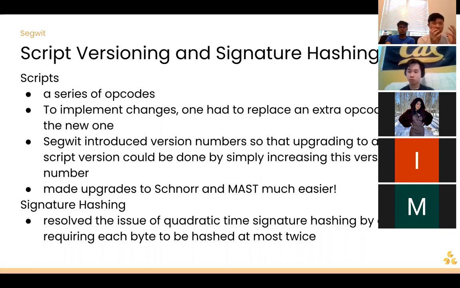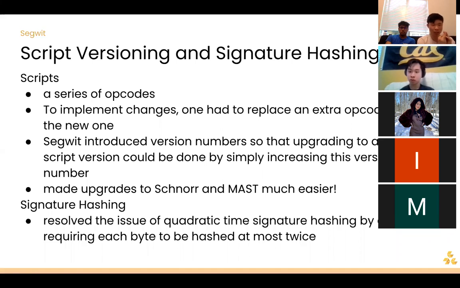And the way you would update Bitcoin scripts before Segwit is you would have to take an opcode, delete it, and then override it with a new opcode that would perform the functionality that you wanted. As you can tell, this is a jank way of updating scripts. Maybe you want to keep all the opcodes and just add a new one, or maybe you never know down the line when you'll need an opcode. So this is not the most ideal way of implementing updates.